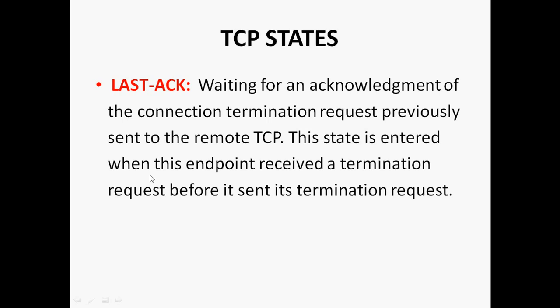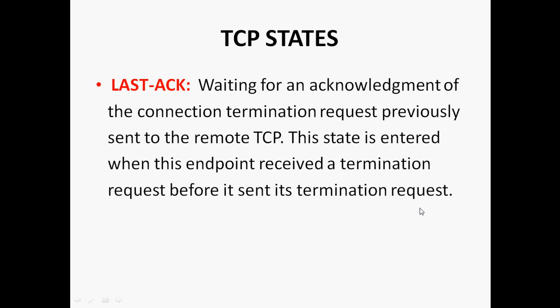So next one, last-acknowledge. Waiting for an acknowledgement of the connection termination request previously sent to the remote TCP. This state is entered when this endpoint received a termination request before it sends its termination request.